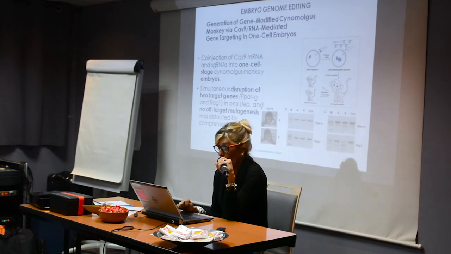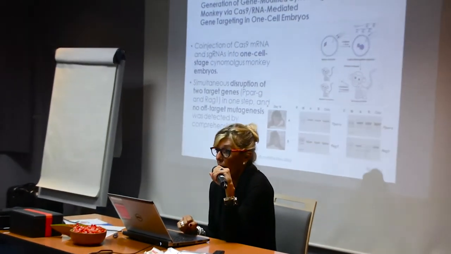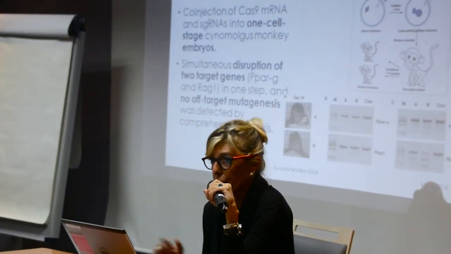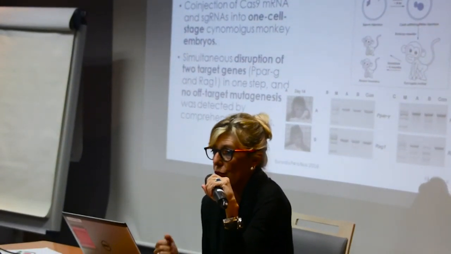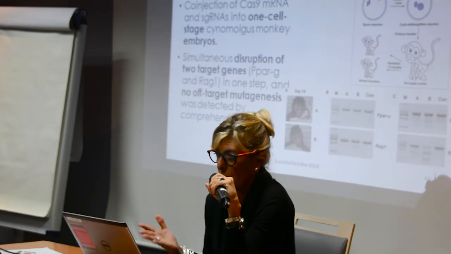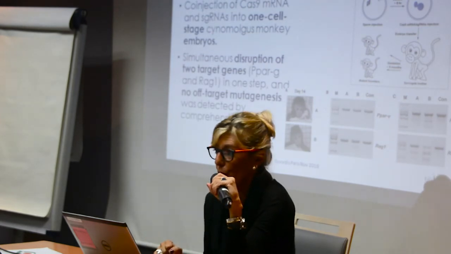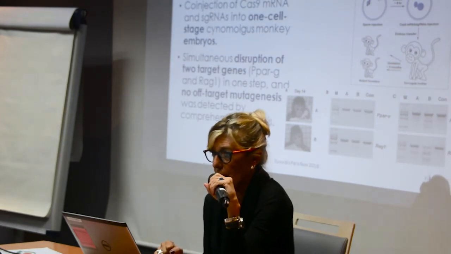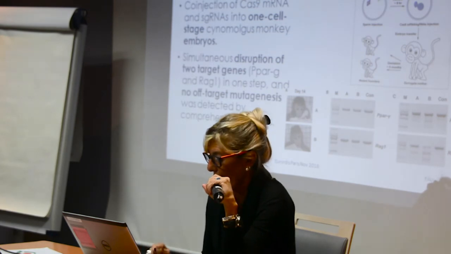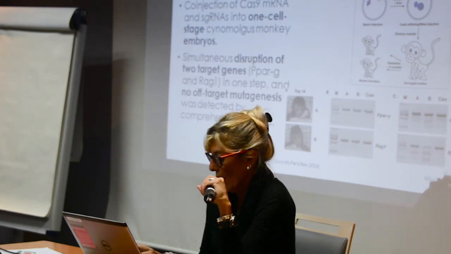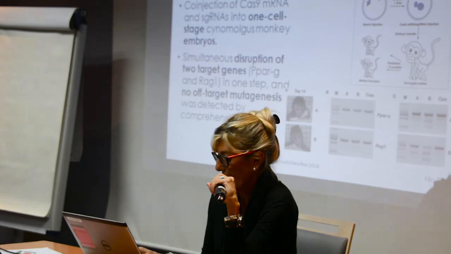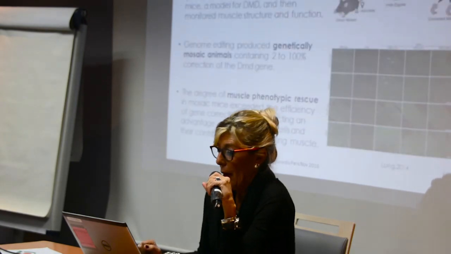One of the main problems that you can observe by using this system in single cells are off-target mutations. Apart from having the mutation that you want to address in the specific cell, you have other mutations that arise at the same time and that are, I would say, collateral damage caused by this technique.